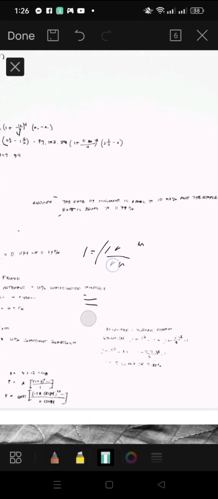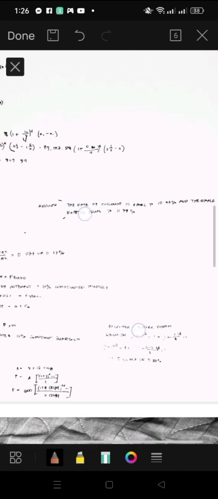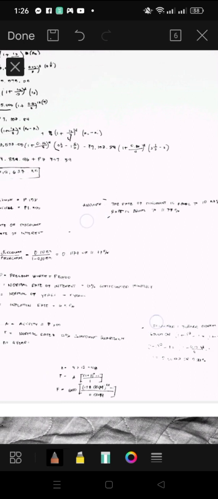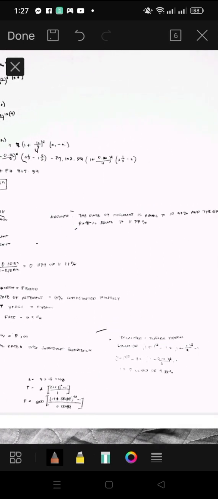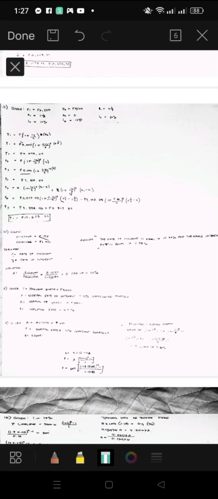So for the future worth, the required formula is F equal P quantity of 1 plus I over quantity of 1 plus I raised to the power of m.